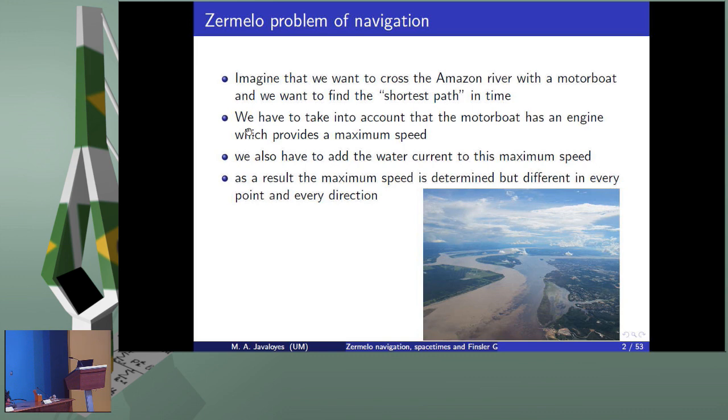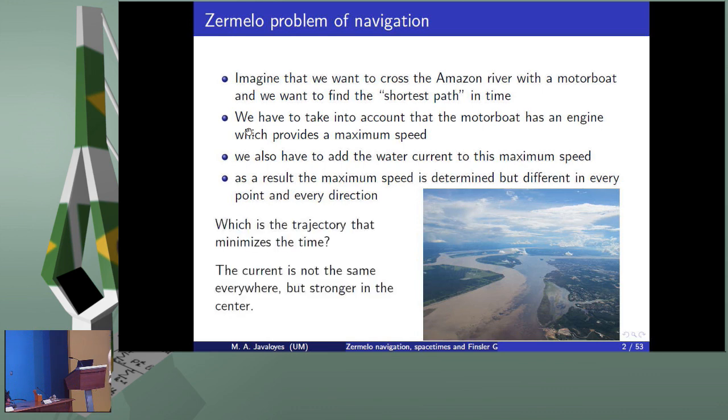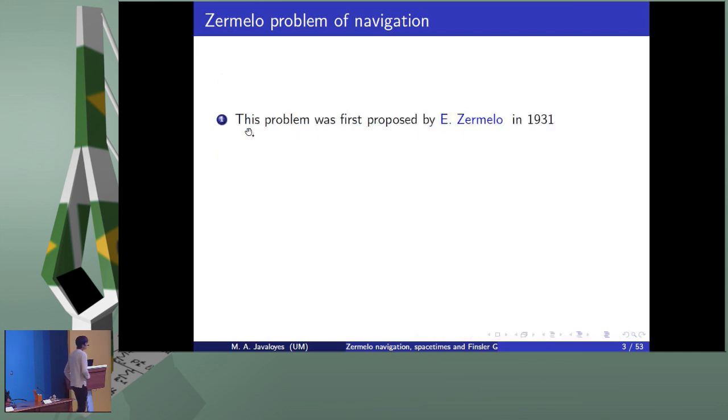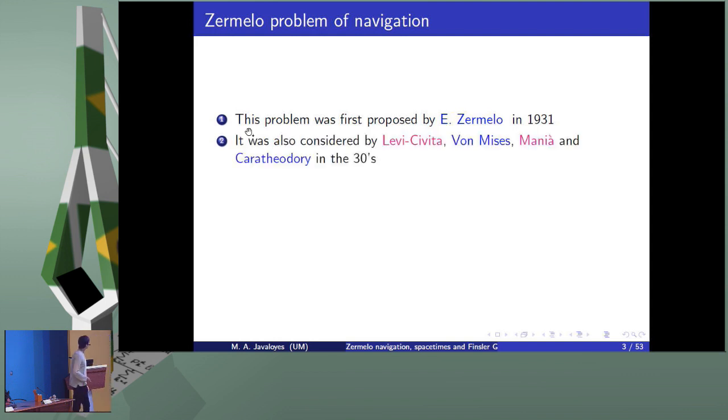Along my talk, I'm going to try to answer this question, considering this problem in several situations and trying to give a solution. This Zermelo navigation problem was proposed by Zermelo in 1931. It was also considered by other German and Italian mathematicians like Levi-Civita, von Mises, Magnaradze and Caratheodory in the 30s.